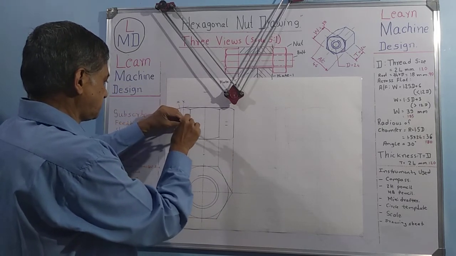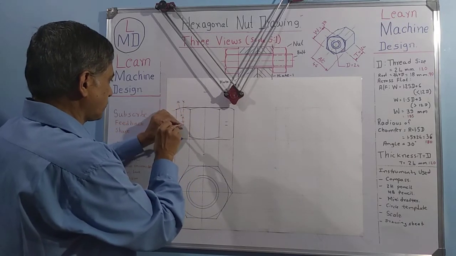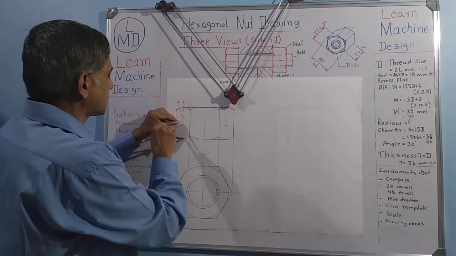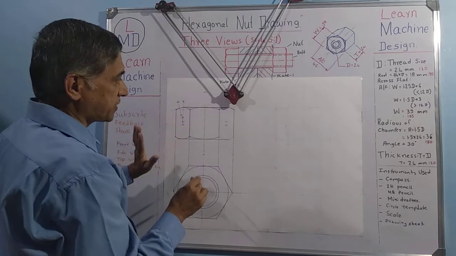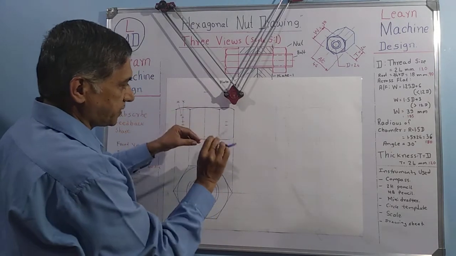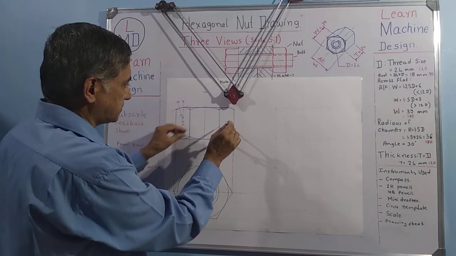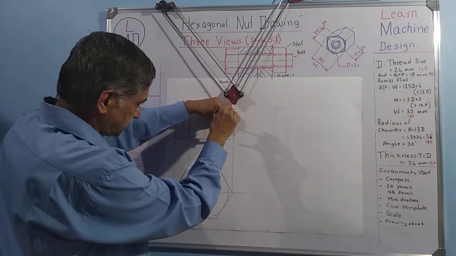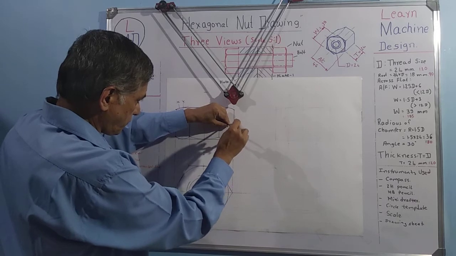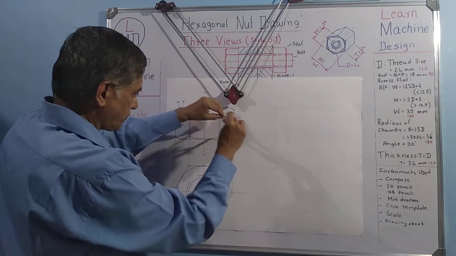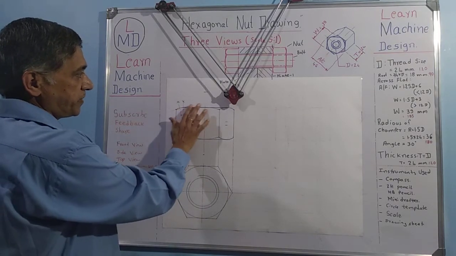Drawing. So one more circle is ready. And take the same circle, and take here. See, the bottom radius is also ready, the top radius is also ready.